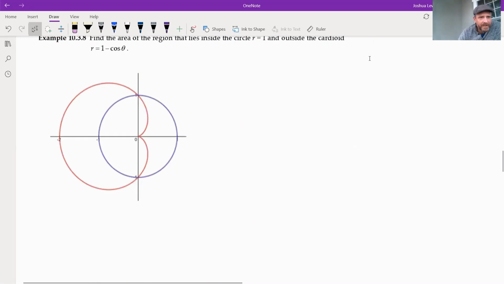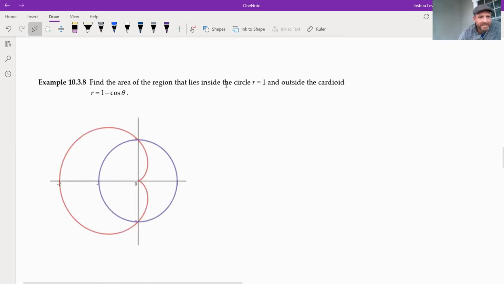All right, here's another one. I want to find the area of the region that lies inside the circle r equals 1 and outside the cardioid r equals 1 minus cosine theta. And so, in other words, all of this region out here.